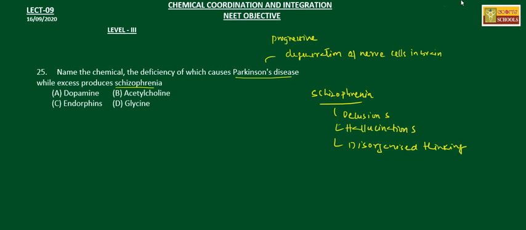So disorganized thinking, and there will be many other symptoms of this schizophrenia. So that is also concerned with the brain. So here deficiency of dopamine will cause this Parkinson's disease, while excess production will cause a condition called schizophrenia. So the option A is the right option, that is dopamine.